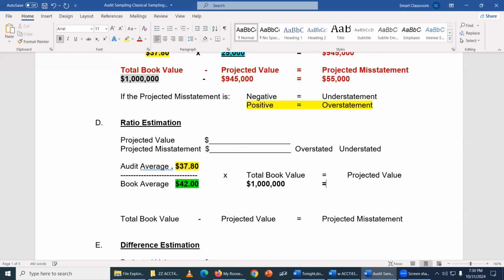And this will get our projected value. 900,000 even? Really? I must have been paying attention when I did this one. Just look at the numbers, it's not obvious, but yeah, that's it. So this is 900,000.